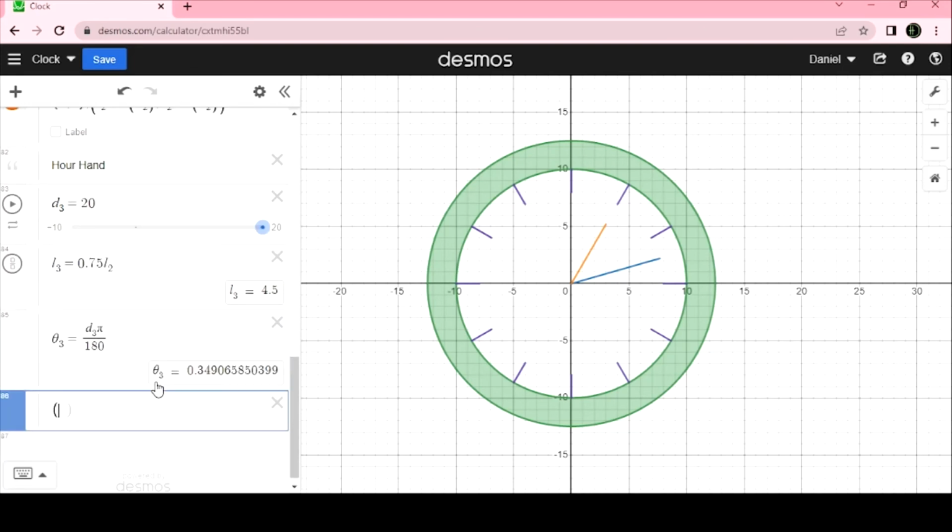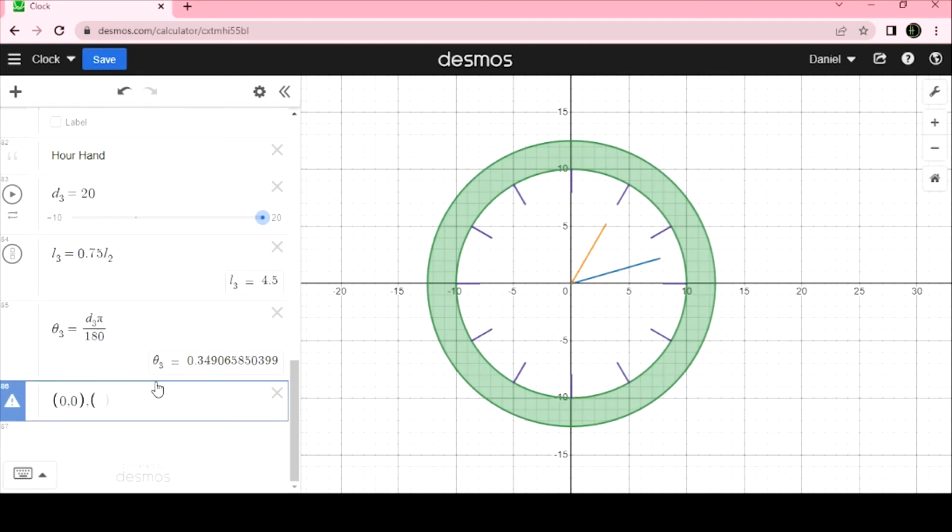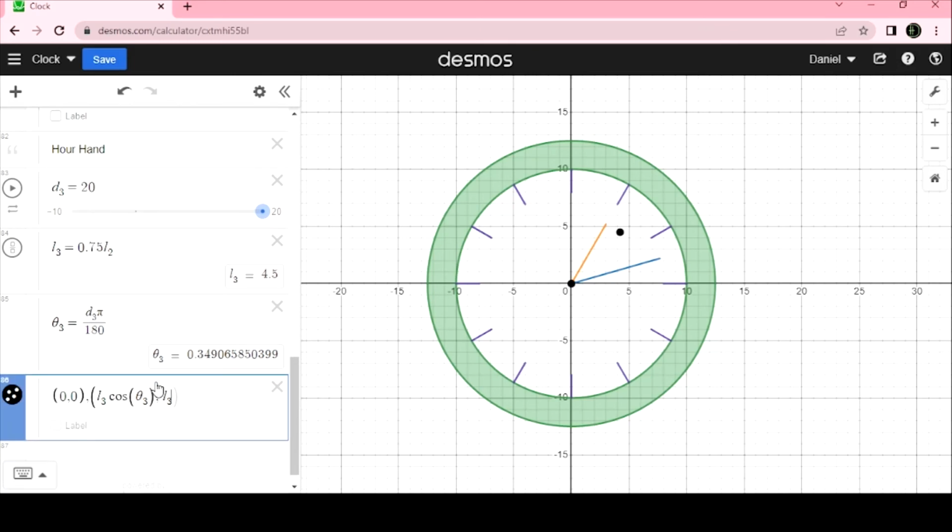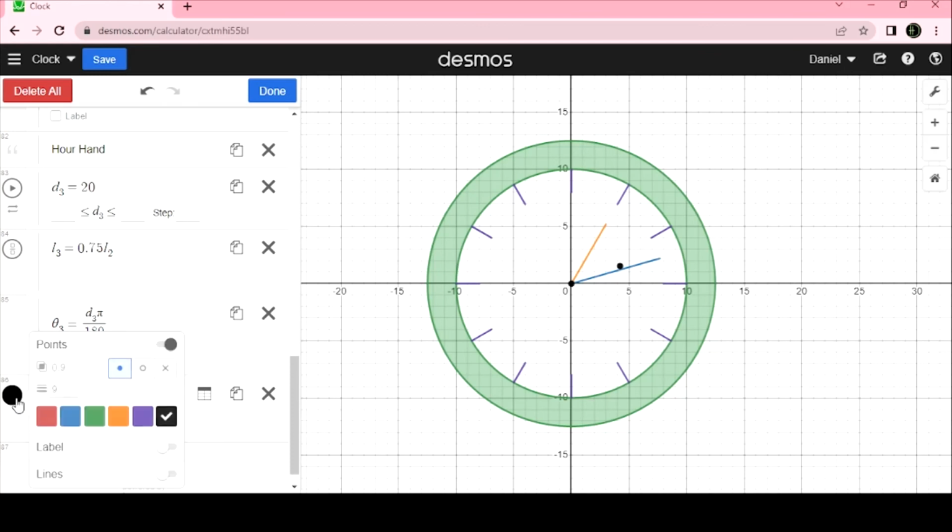Now we should be able to plot it. This will be length 3 times cosine of the third angle, and L3 times sine of our third angle. Make whatever color you want.